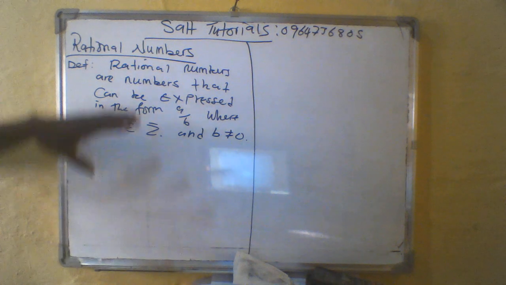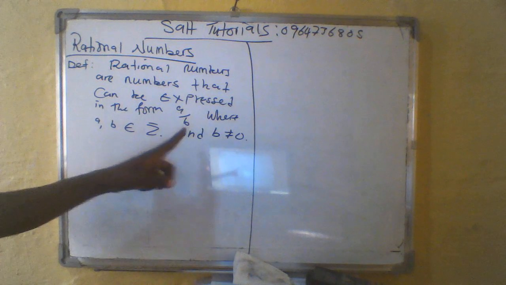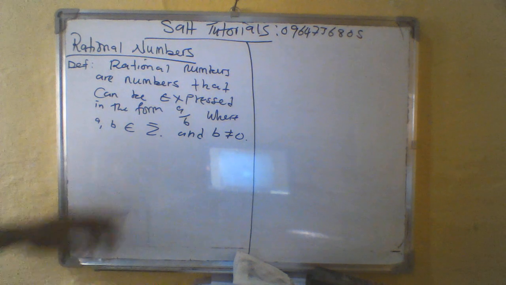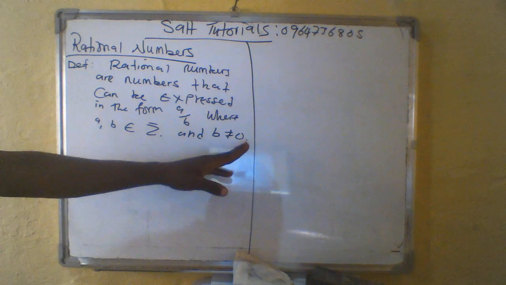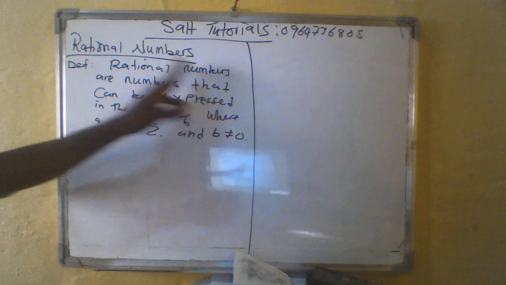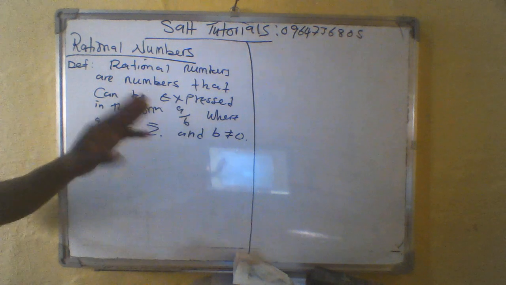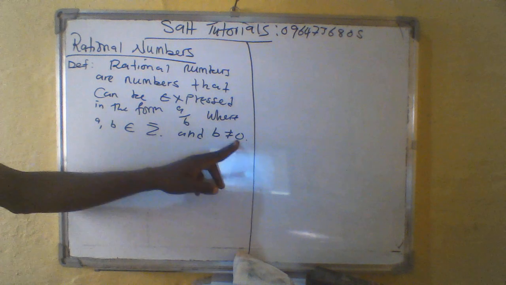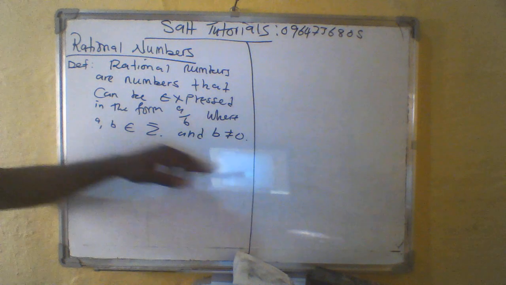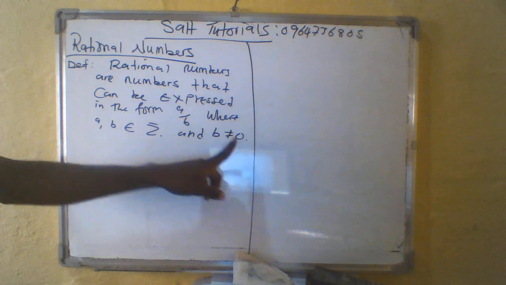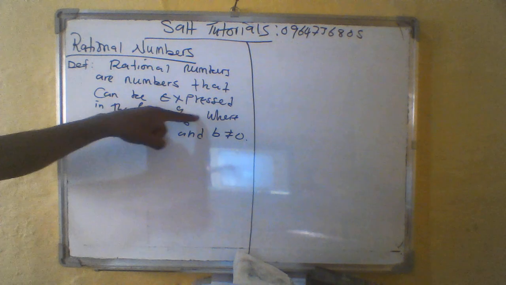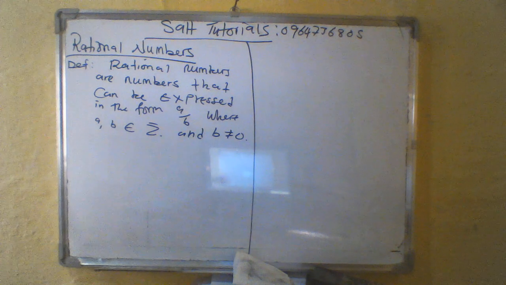So every time we're trying to define rational numbers, we are simply giving an exception. Quite alright, the integer set also includes 0, but in this expression we are emphasizing that b should never be 0, because if b is equal to 0, it makes this expression undefined.